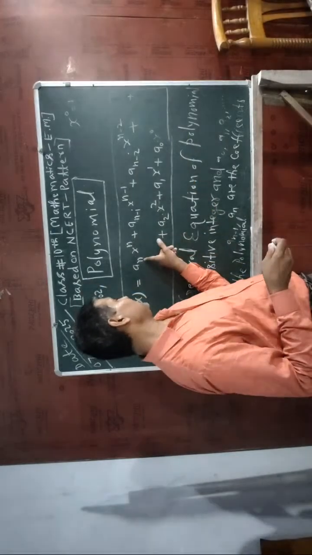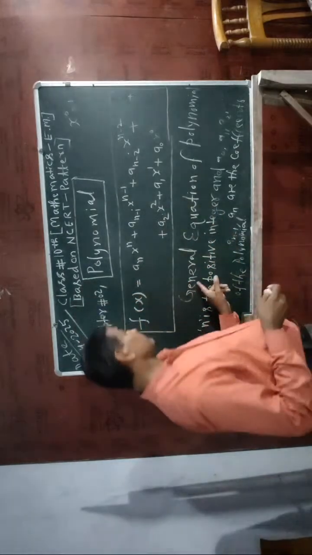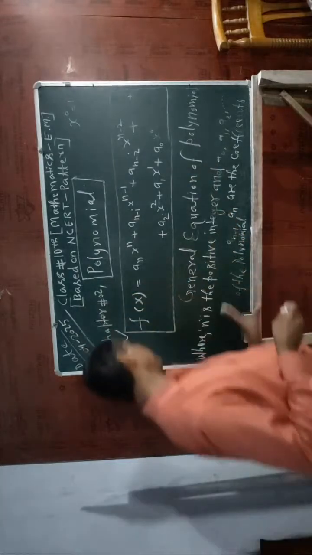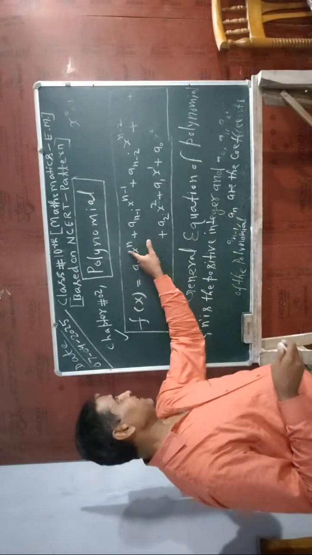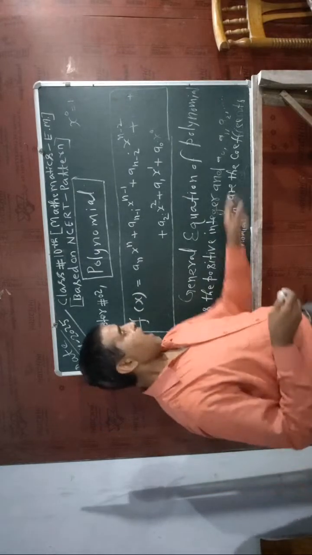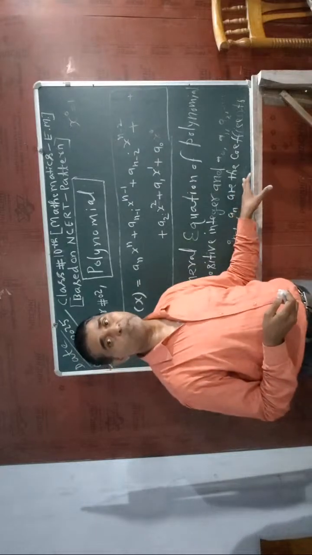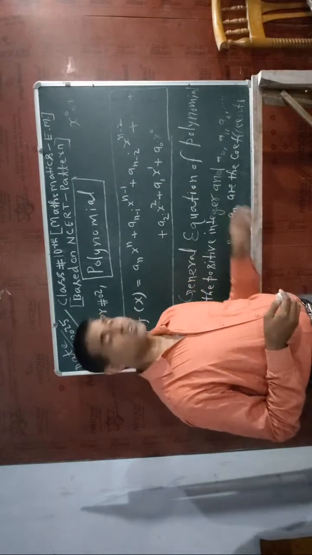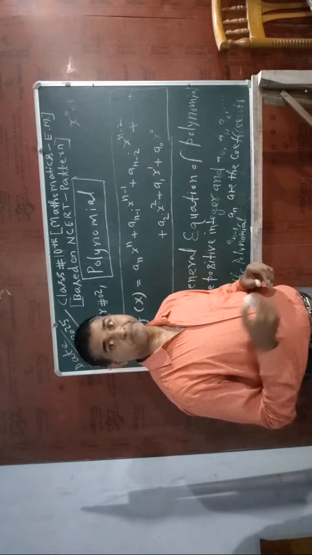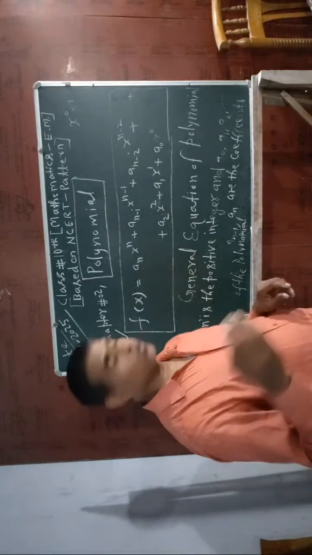Here n starts from n and goes down to 0. So this equation is called the general equation of a polynomial. Now here n is a positive integer, and a0, a1, a2, up to an are the coefficients of the polynomial, and also called the constants of the polynomial.